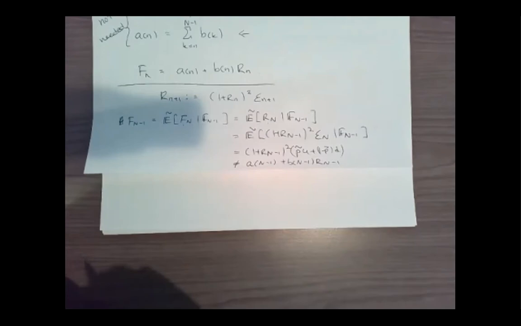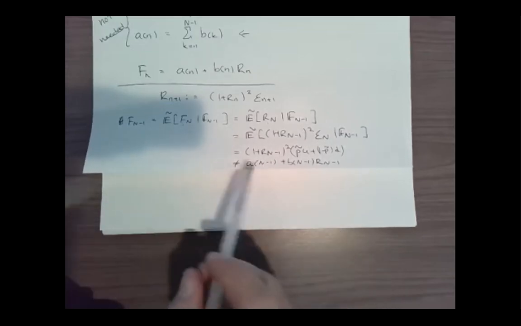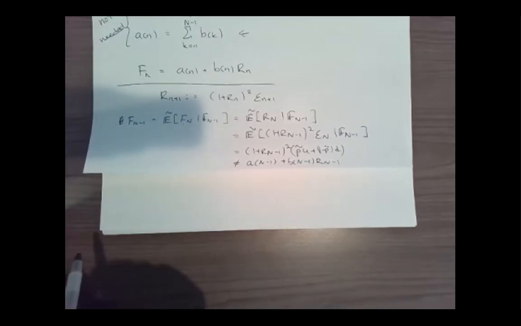But what would your guess be for how you need to correct the formula here to make that thing not different, but actually equal? How would you correct the bottom formula?